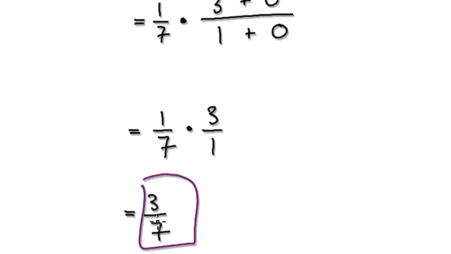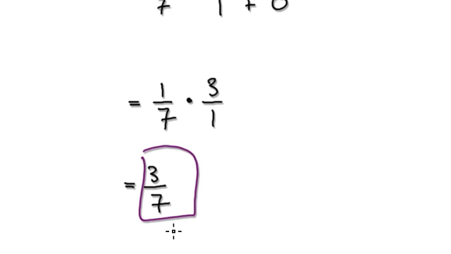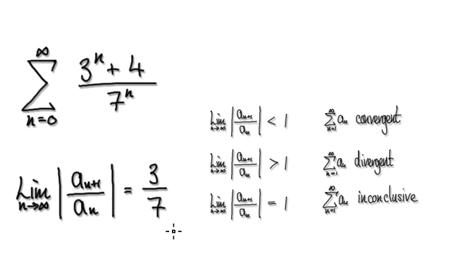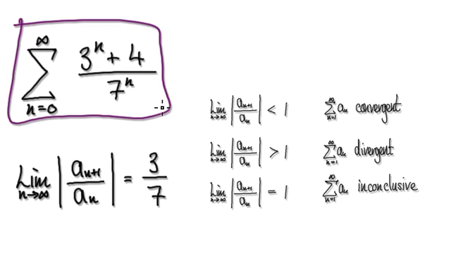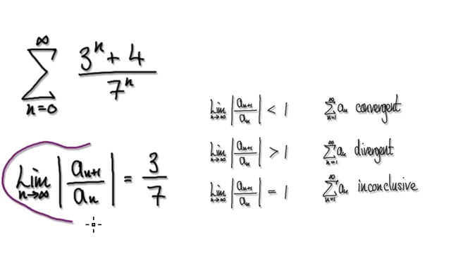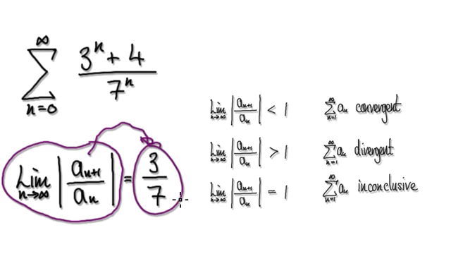So going back to the very beginning, we were trying to determine if this series will converge or diverge. So we would use the ratio test. With the ratio test, we would need to know this value here. We've just worked out that the value here is 3 over 7. Well, 3 over 7 is less than 1.